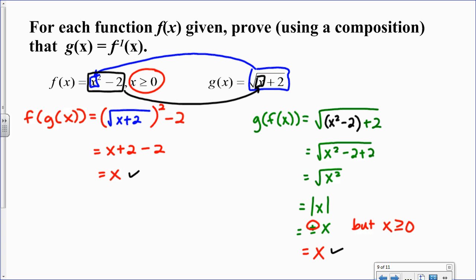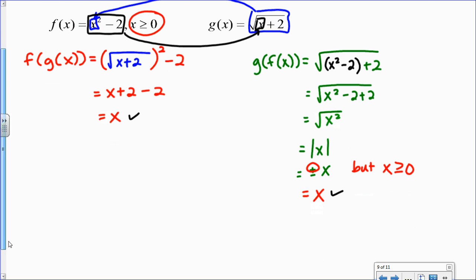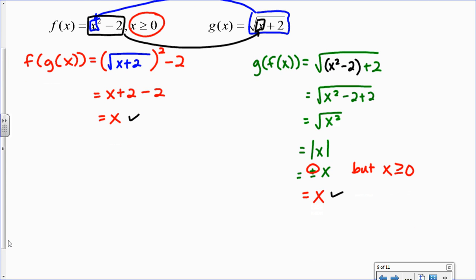It's only equal to positive x because of the domain restriction. If this weren't there, x greater than or equal to 0, if that weren't there, then you could not say that they were inverses. You would have to leave your answer as plus or minus x. So I think you should make a note about that rule. Let's finish this up though.